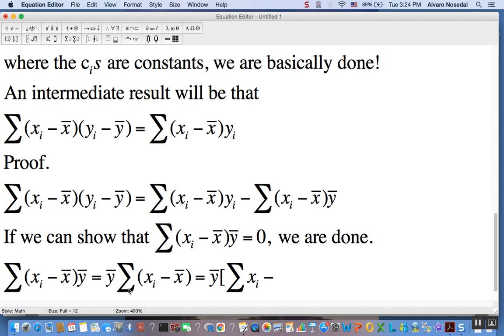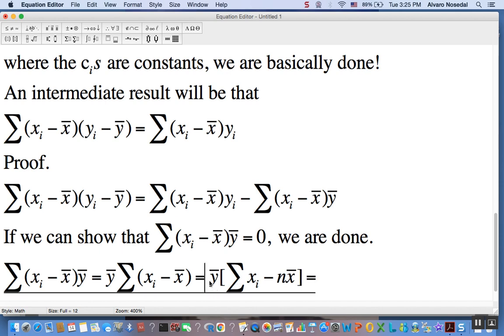I'm just doing the following sum: x bar when i equals 1, x bar when i equals 2, x bar when i equals 3, up to n. So this is the same as n times x bar. But if you recall that x bar is the sum of xi divided by n, n times x bar happens to be just the sum of xi's, right?